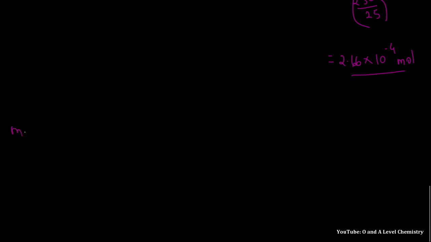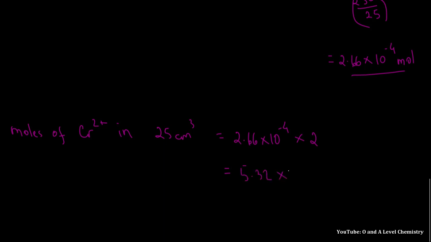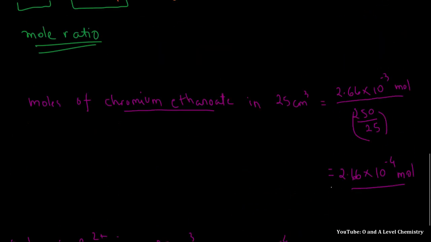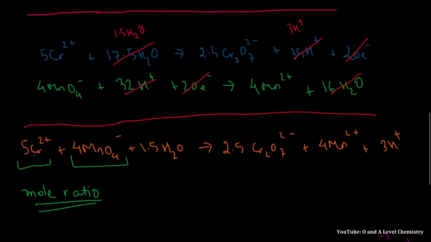So moles of chromium 2 plus in the 25 cm cube portion is going to be 2.66 times 10 to the power minus 4 times 2. So that is 5.32 times 10 to the power minus 4 moles of chromium 2 plus. So this is the mole of chromium 2 plus that's reacting here.